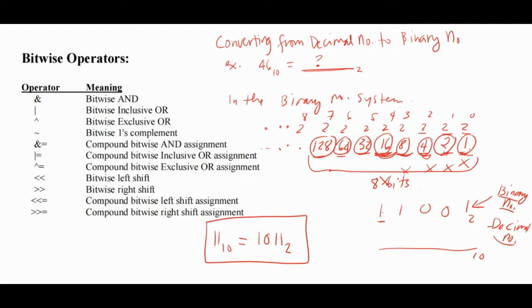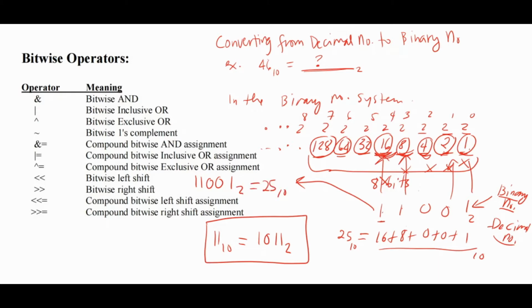So 1 times 16 is 16, plus 1 times 8, that's 8, plus 0 times 4, that's 0, plus 0 times 2, that's 0, plus 1 times 1, that's 1. You add these, the value is 25, right? That's base 10. We would say that 11001 base 2 is equal to 25 base 10. So this is the decimal number, 25, and this is the binary number.